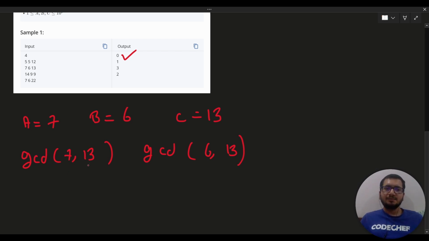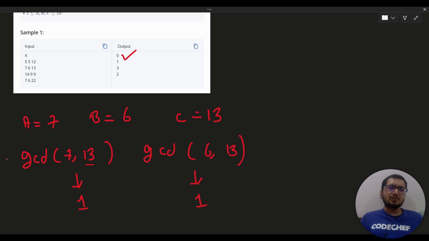Since 13 is a prime number, the only numbers that can divide it are 1 and 13. Among 1 and 13, the largest number that can divide 7 is 1. Therefore, GCD of 7 and 13 is 1. Same goes for GCD of 6 and 13.